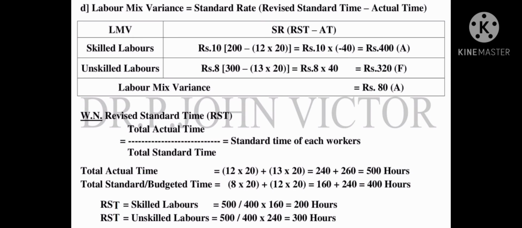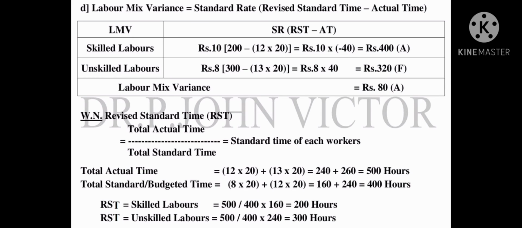Go to the table, just follow it. Skilled labors, standard rate is rupees 10. Revised standard time for skilled labors we have calculated as 200 hours, minus actual time, that is 12 labors into 20 hours, times the 10 rupees.